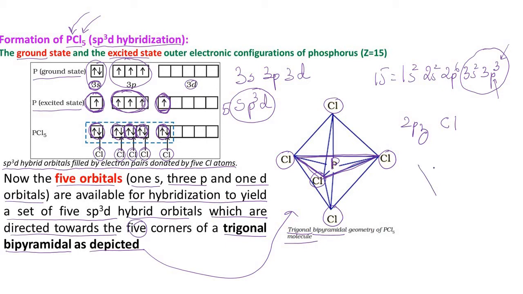So this structure, if you see here, it is drawn in this manner. So this is the triangle here, phosphorus present at the center, here one chlorine atom, here another chlorine atom, here the third chlorine atom, above one more will be there, and below one chlorine atom will be there. And if you join this, then you will have the trigonal bipyramidal structure.